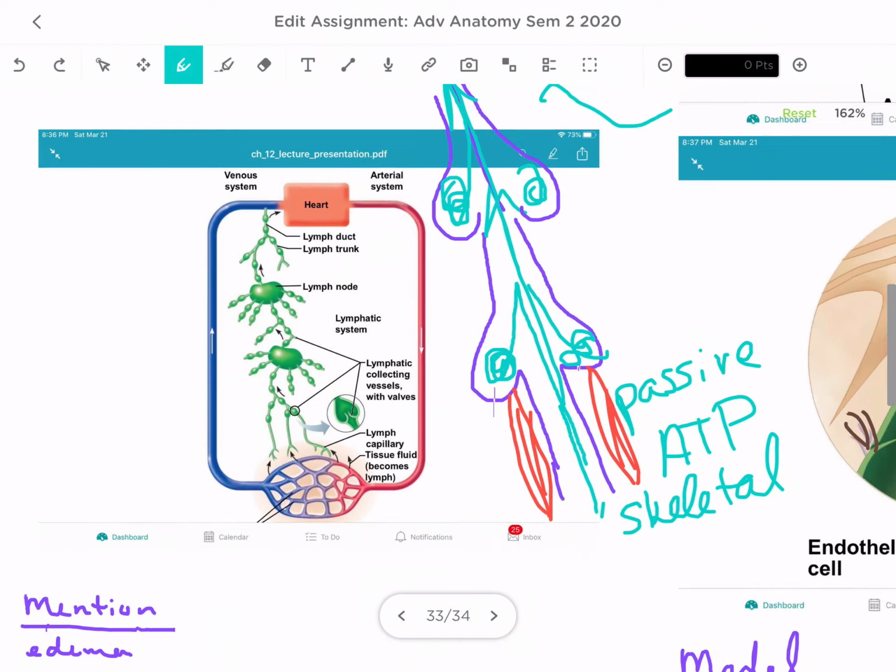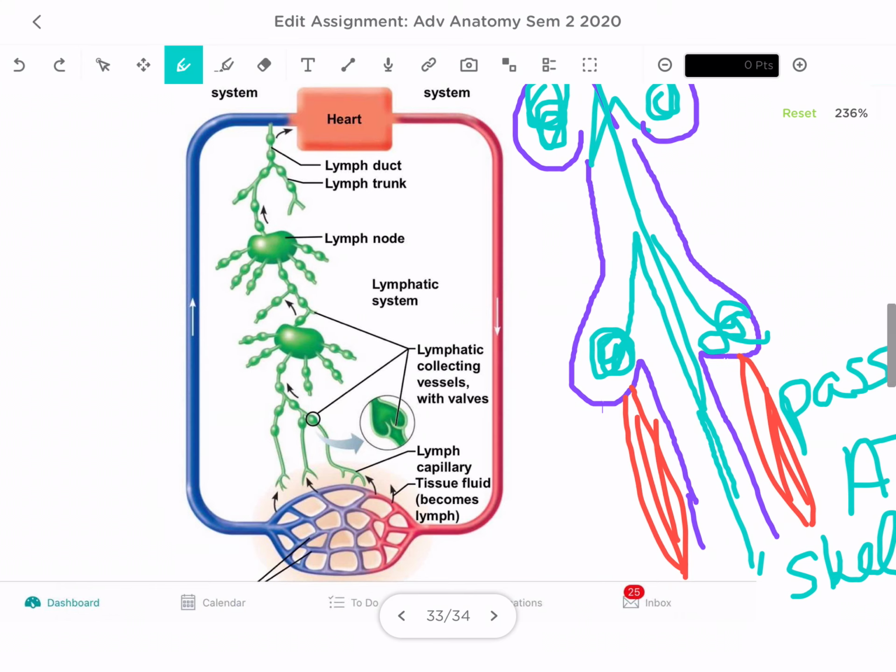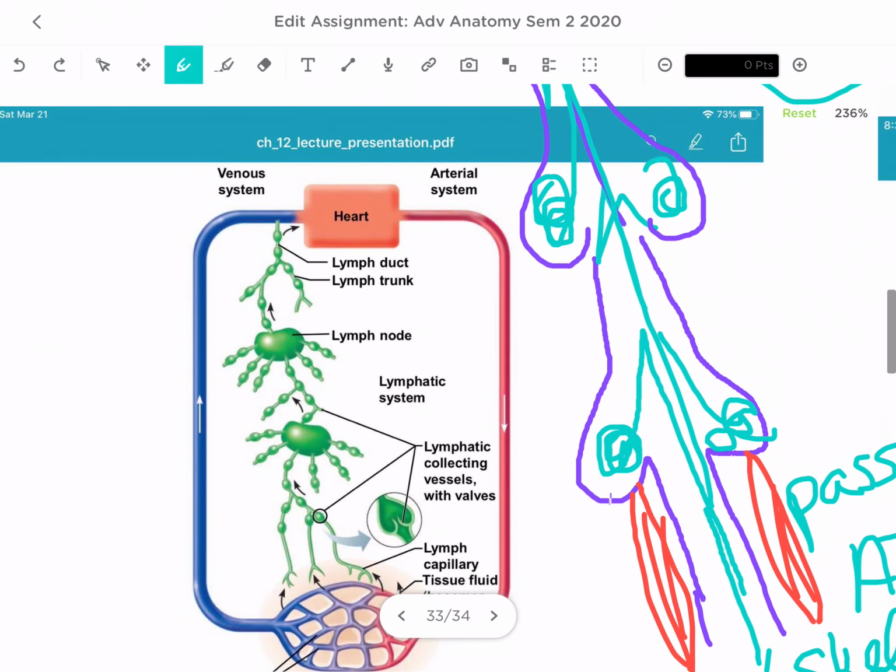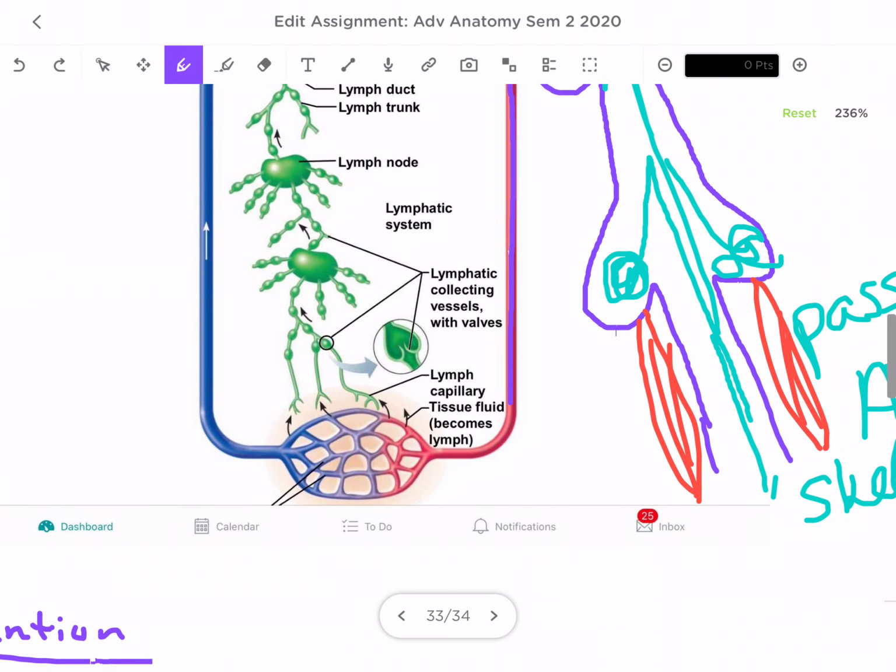If we look at this picture right here, this is showing your heart. Finally, there's a picture with your heart on it. As you can see, the arteries leave the heart and take the good blood all the way down here to the capillary beds. And this is where that fluid leaks out.